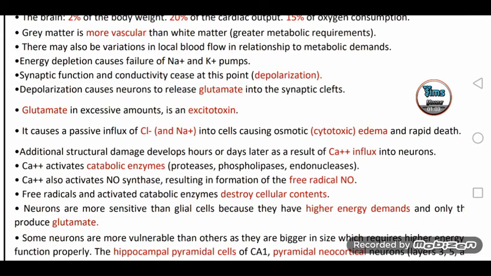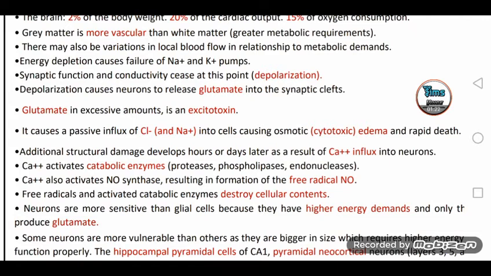This is how the neuron undergoes apoptosis, by releasing excessive amounts of glutamate, and glutamate is an excitotoxin to kill itself.